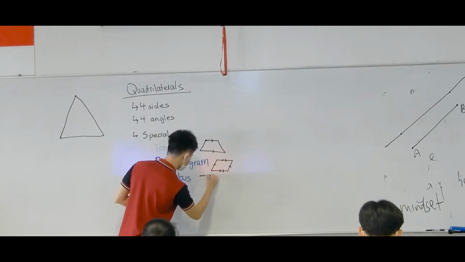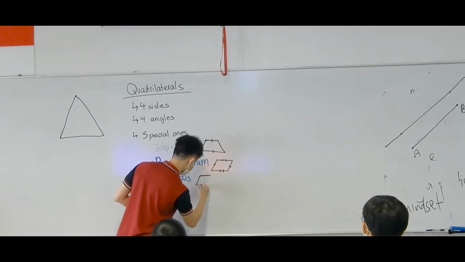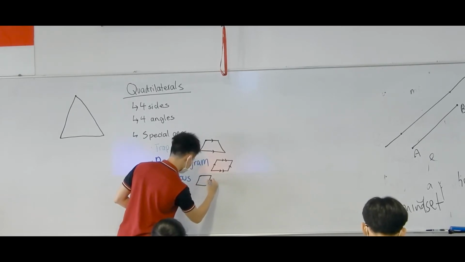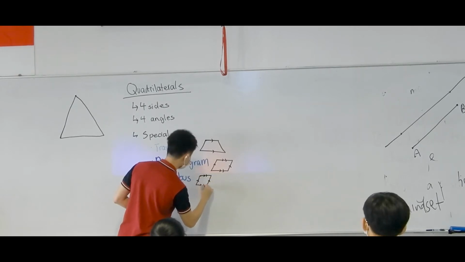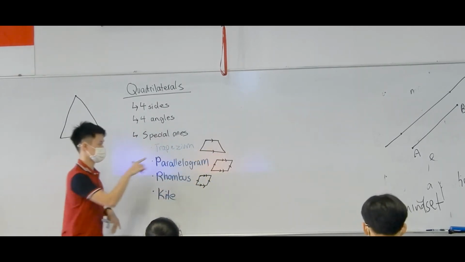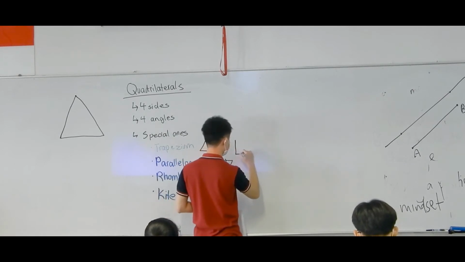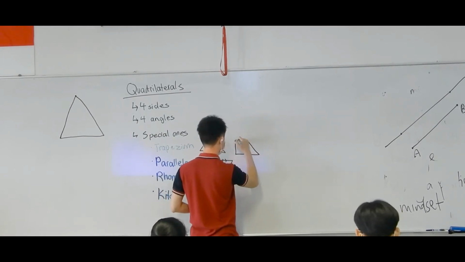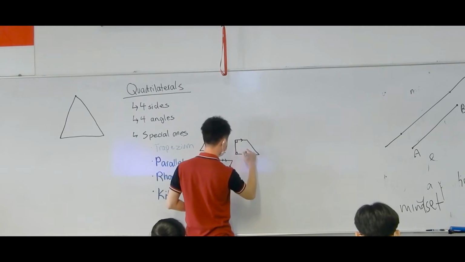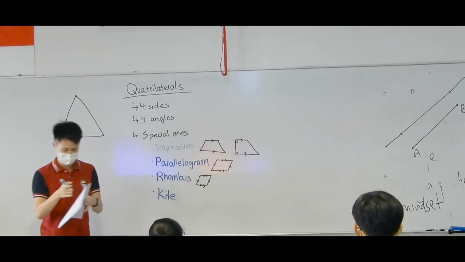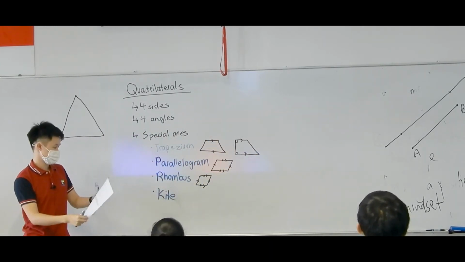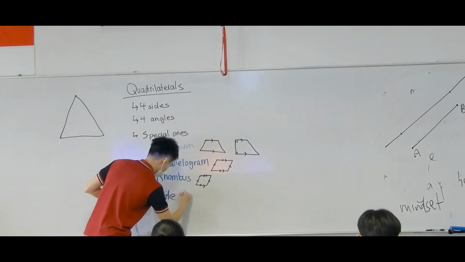Rhombus will look similar to your parallelogram, but it's not exactly similar. Trapezium can be drawn like that or like that. So you can have 2 right angles, but it can be like that as well. Kite is something like that.